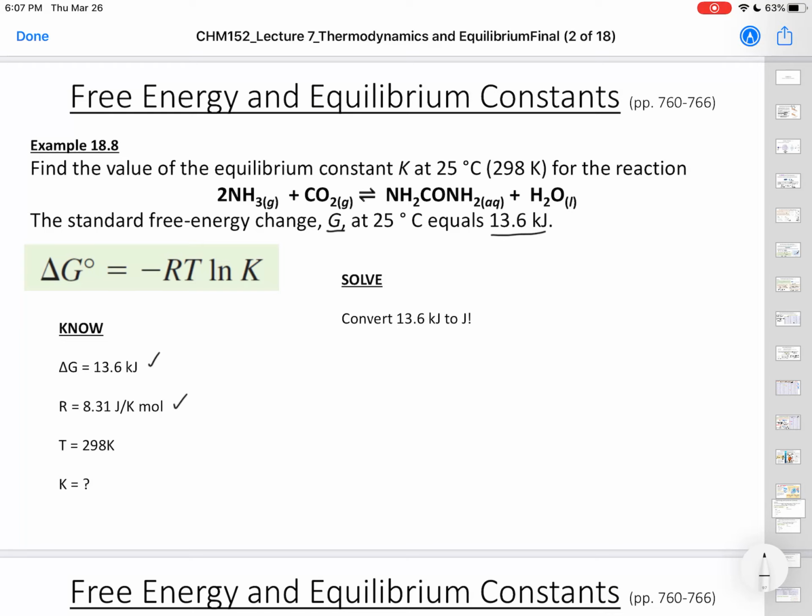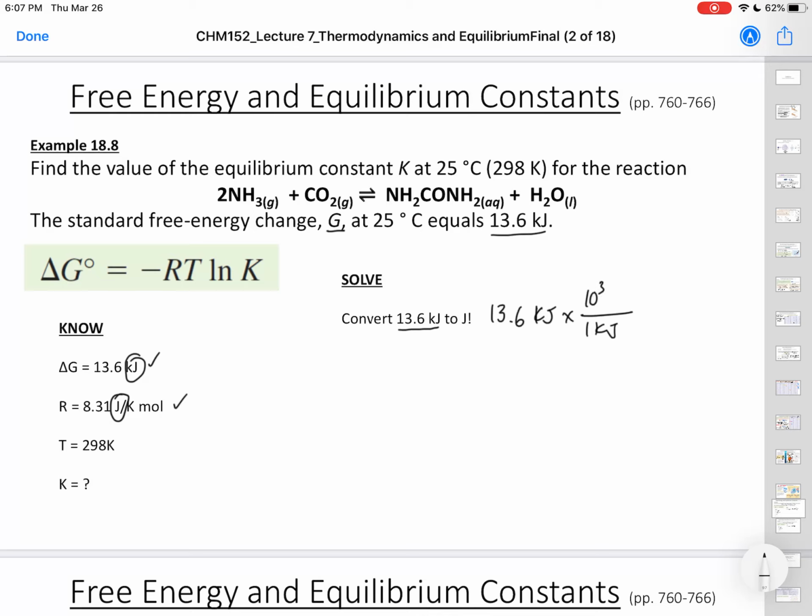So let's write down what we know. Delta G is 13.6 kilojoules. R is one of the gas constants, 8.31 joules per K mol. Notice it is joules here. Temperature is 298, and we are looking for K, the equilibrium constant. Because R is in joules and this is in kilojoules, you must convert your 13.6 from kilojoules to joules, otherwise your units will not cancel out.